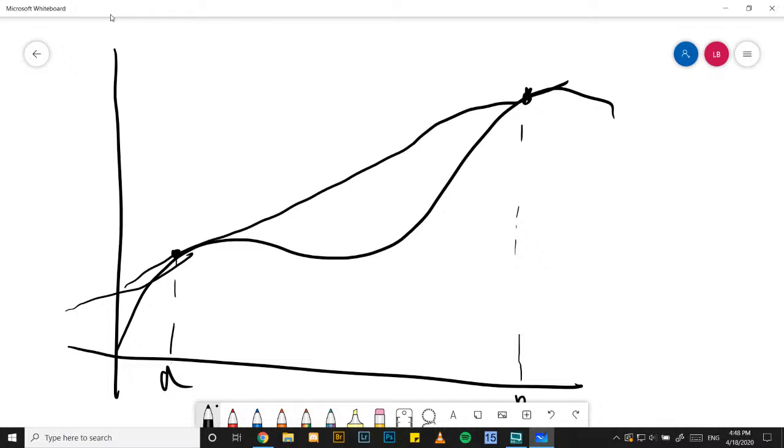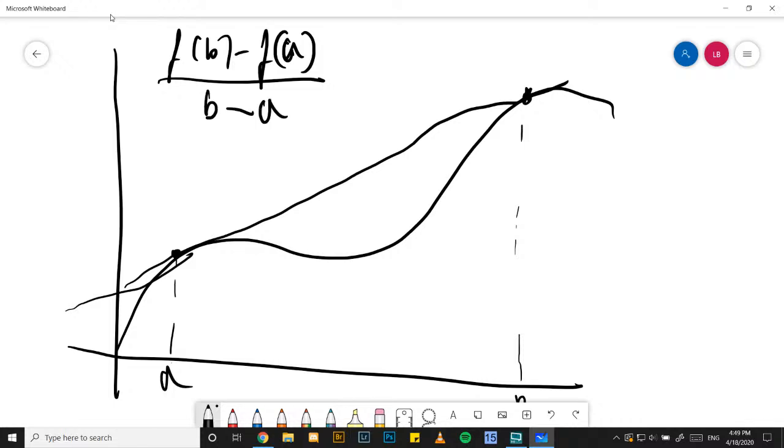So using the slope definition, delta y over delta x, that's f of b minus f of a over b minus a. Say we got some slope, and say that slope is m. Some point on this curve in between these 2 points also has that exact same slope m. So the derivative of the curve at one of these points is also equal to that slope m.